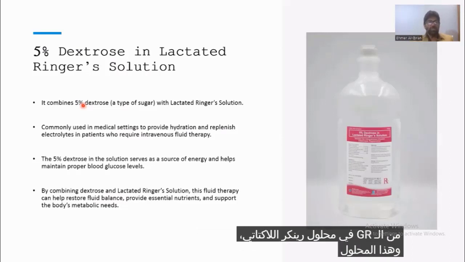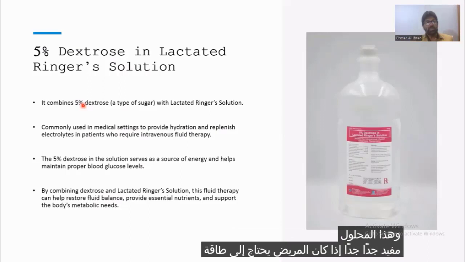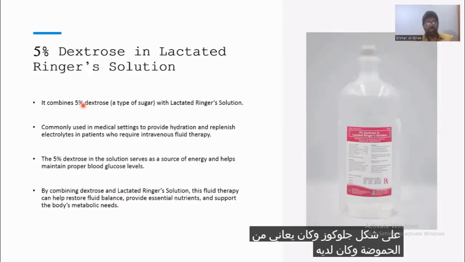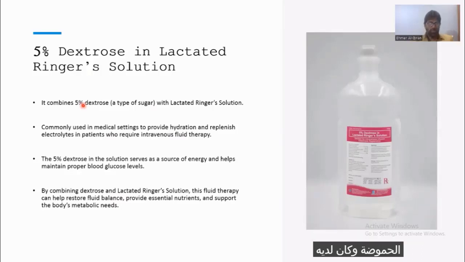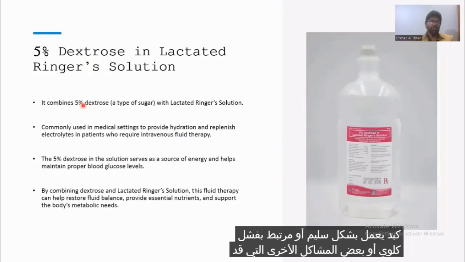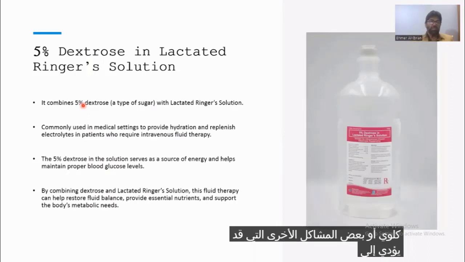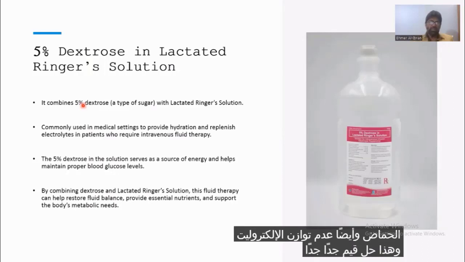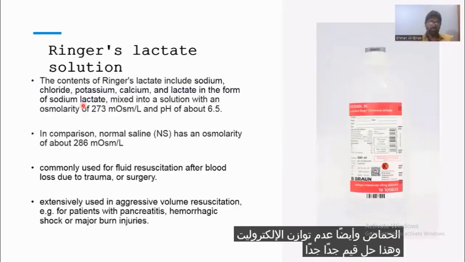This solution is very helpful if the patient needs energy in the form of glucose, is acidotic, has a properly functioning liver, or has a compromised kidney or some other problem which may lead to acidosis and electrolyte imbalance. This is a very valuable solution.